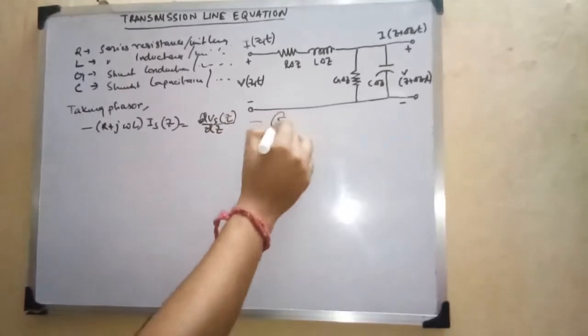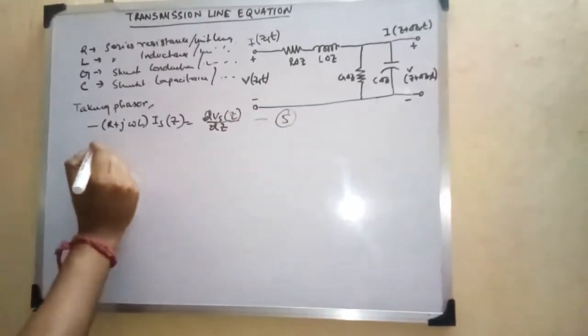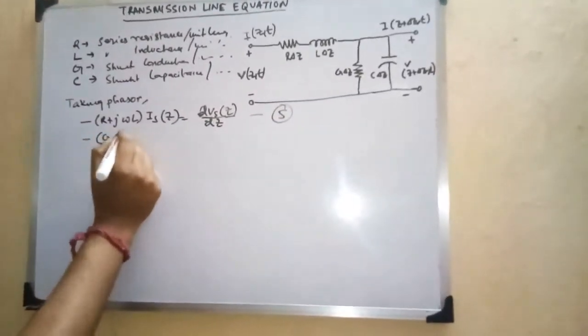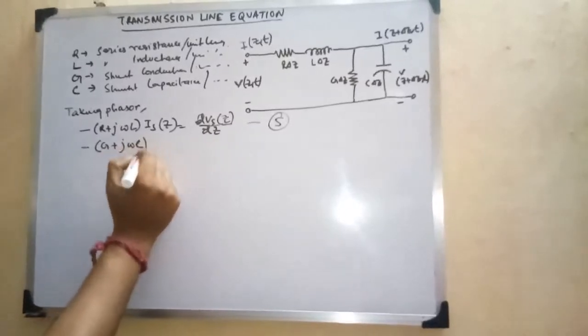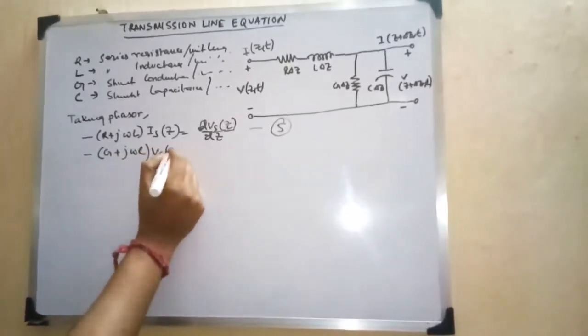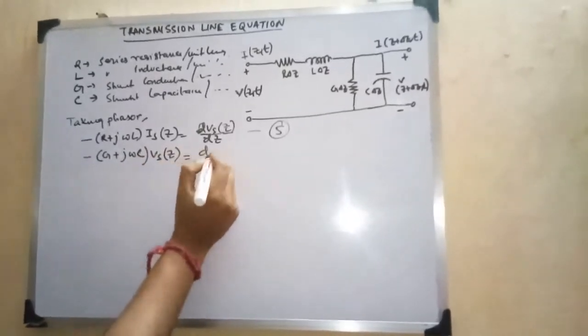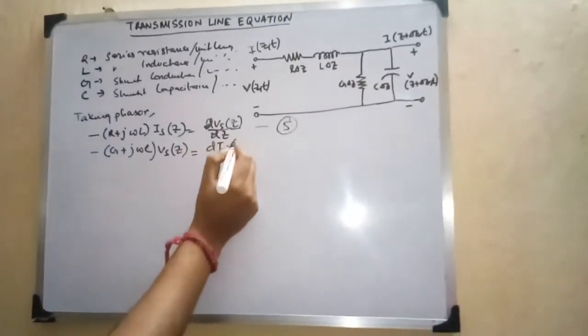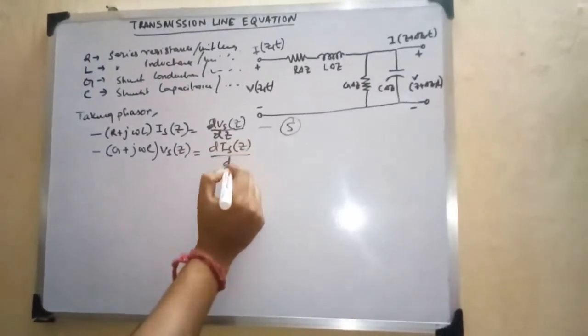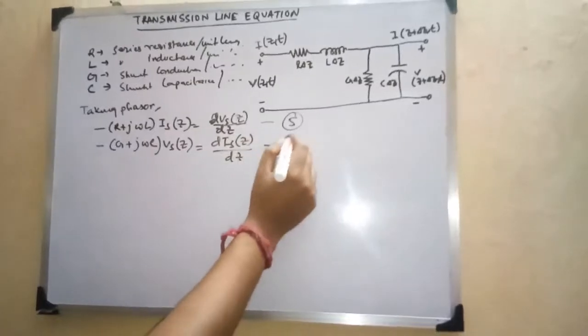So let us make this equation number 5, and the other expression will come as (G plus j omega C) V_s(z) equals dI_s(z)/dz, right? That is equation number 6.